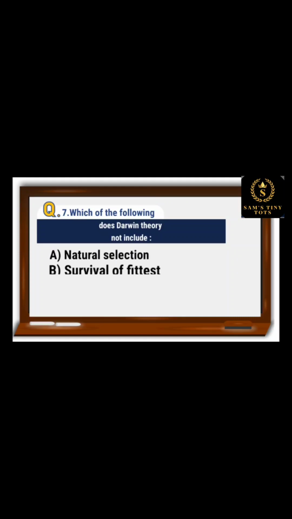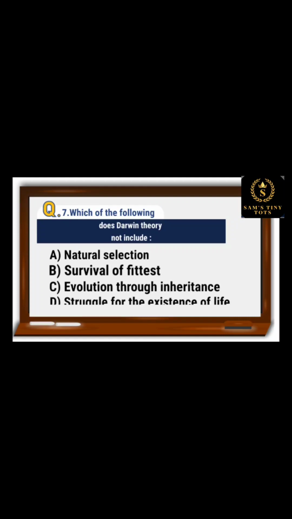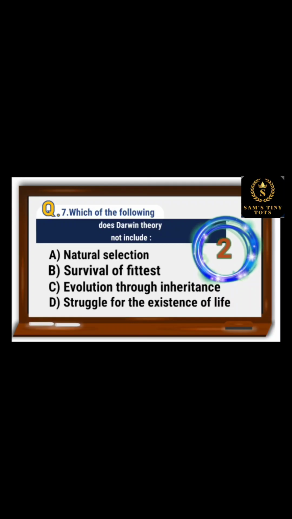7. Which of the following does Darwin's theory not include? Option A natural selection, option B survival of the fittest, option C evolution through inheritance, and option D struggle for the existence of life. And the correct option is option C evolution through inheritance. 8.